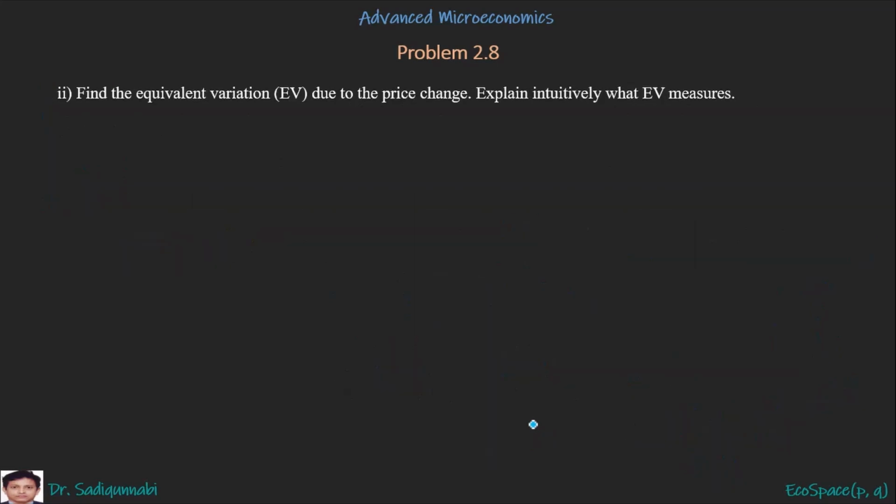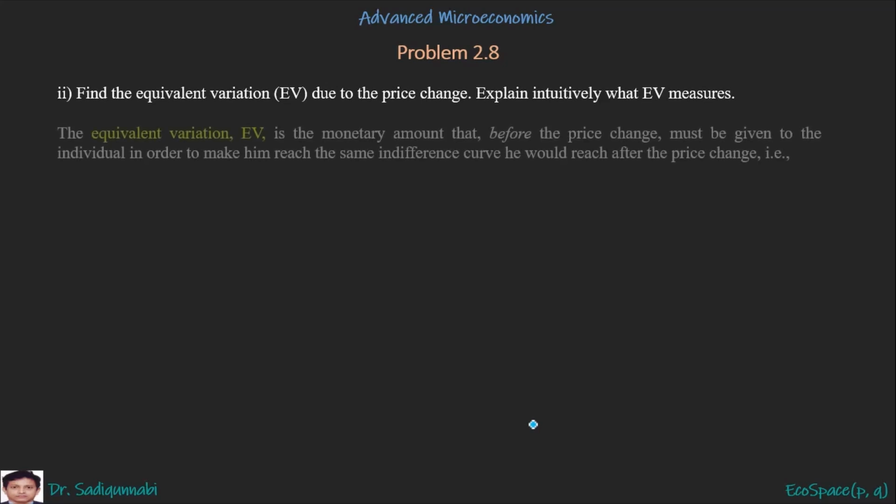Now what about the equivalent variation due to the price change? First, the definition of equivalent variation, EV, is the monetary amount that, before the price change, must be given to the individual in order to make him reach the same indifference curve he would reach after the price change.